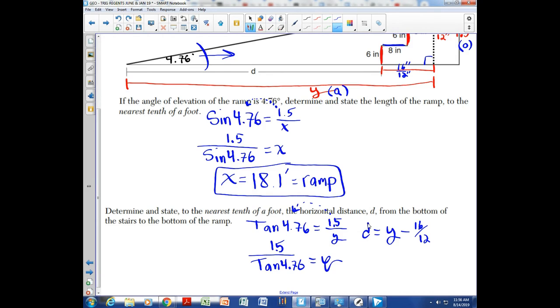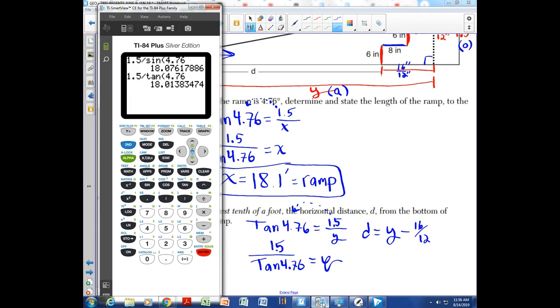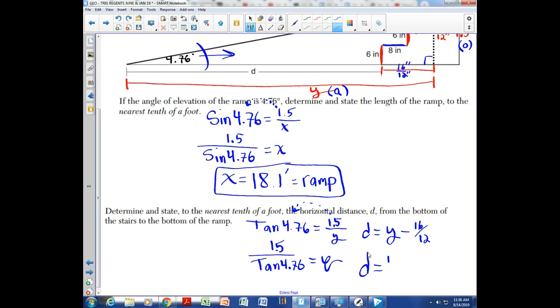Well, it's going to be more accurate for me to use my calculator over here just because I already have my Y right there. So I'm just going to subtract 16 divided by 12, enter, and I'm going to get 16.7. D is equal to 16.7 feet. And there you have it.